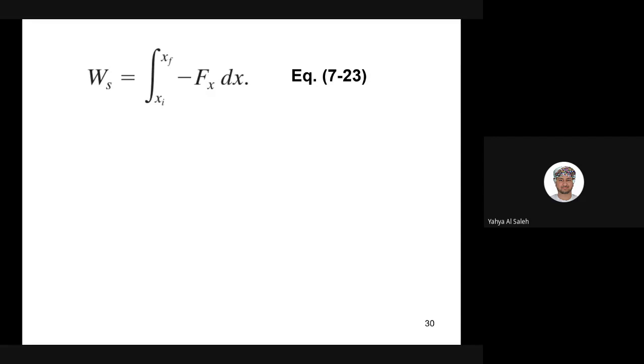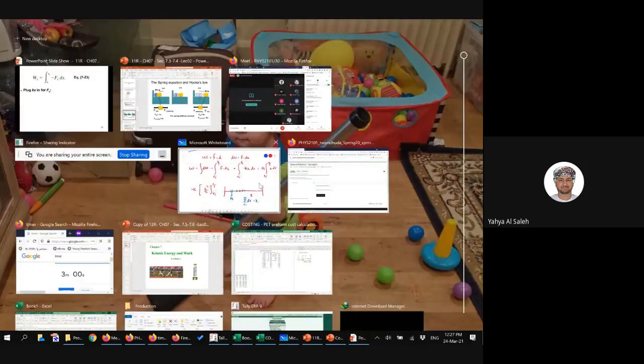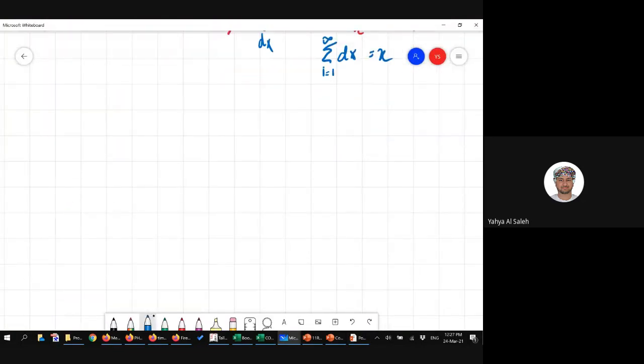Spring, the force is minus kx dx. And let's actually do it on a whiteboard. Where's the whiteboard? Work is equal to f dot d.